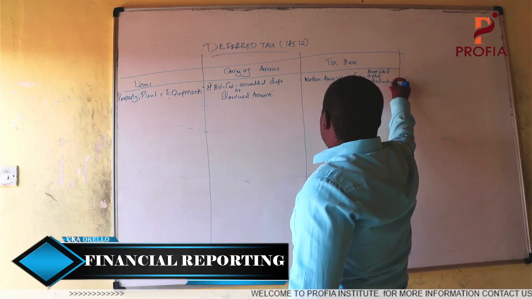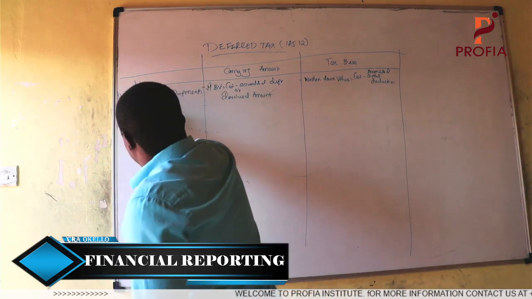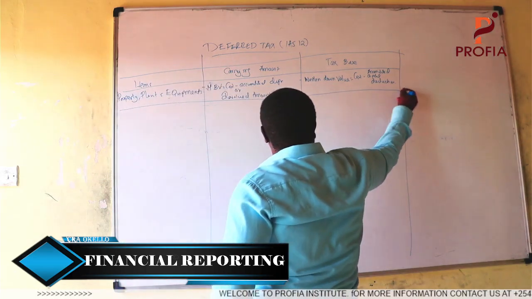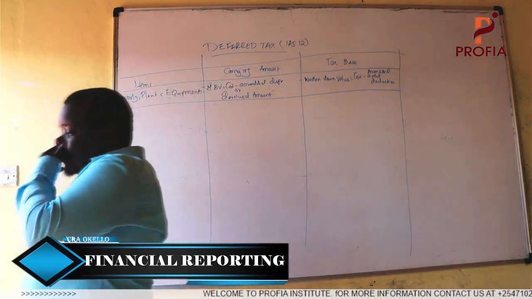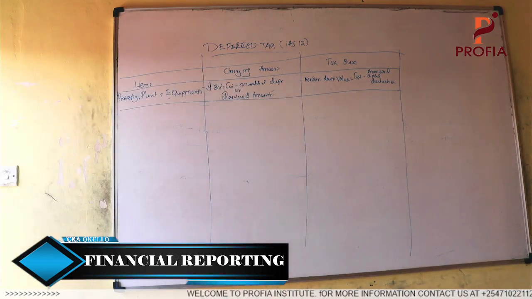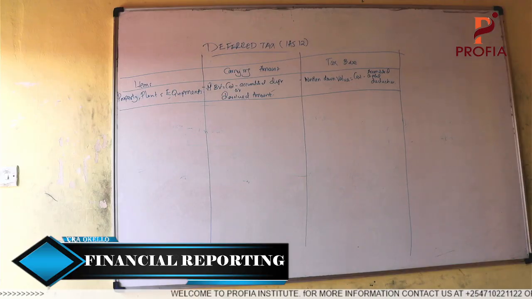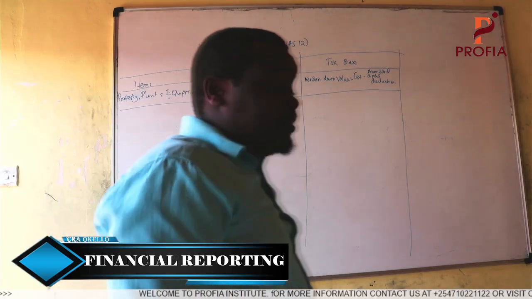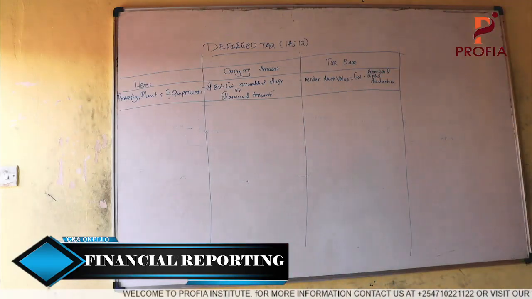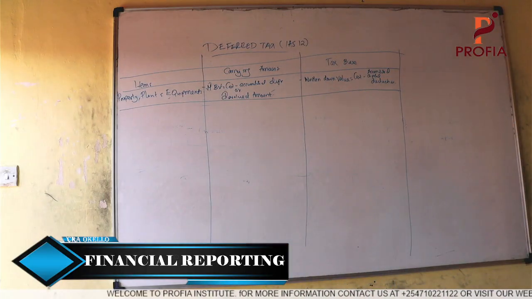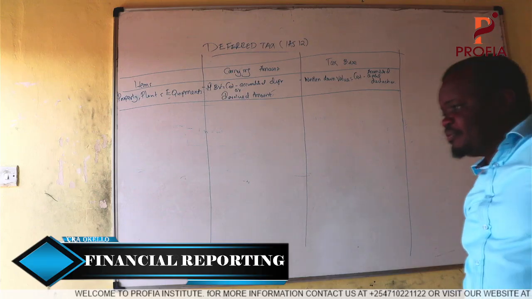We have nothing called revalued amount when we move to taxes. We can use various terms. We can use capital deduction, or sometimes investment deduction, depending on which kind of item we are talking about. ID.